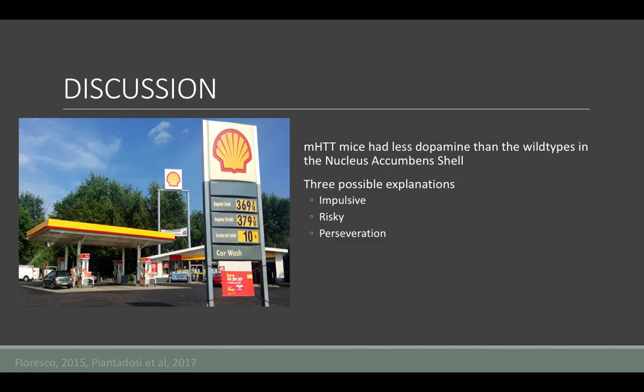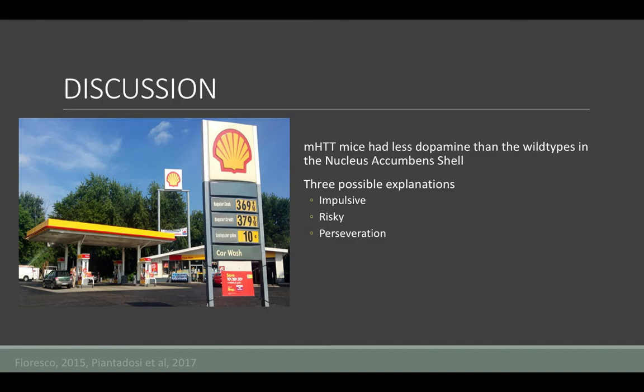There have been numerous encounters of him being impulsive, and one in particular that I'm thinking of is he was at church one day, and they were passing the collection basket where people put donations, and when the basket passed by him, he put the money in his shirt. And we all want money. We could all use more money, but he did this impulsive action, and it might be because he had less dopamine in his shell in the nucleus accumbens.